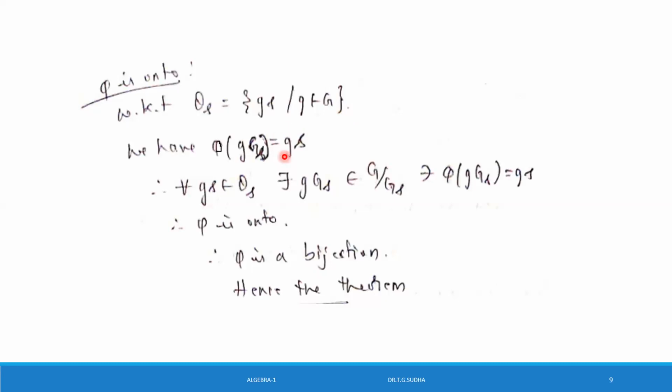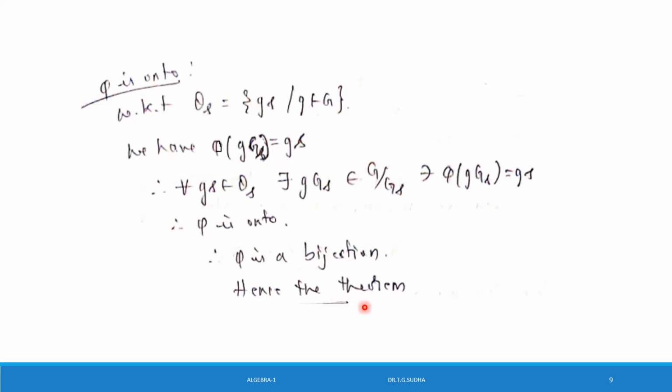So for all gs belonging to Os, there exists a g Gs in G by Gs such that phi of g Gs will be equal to gs. Therefore, phi is onto. So we have proved phi is well defined, phi is one-one and phi is onto. Therefore, phi becomes a bijection mapping, hence the theorem.